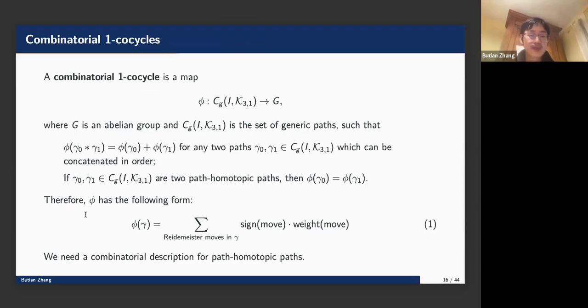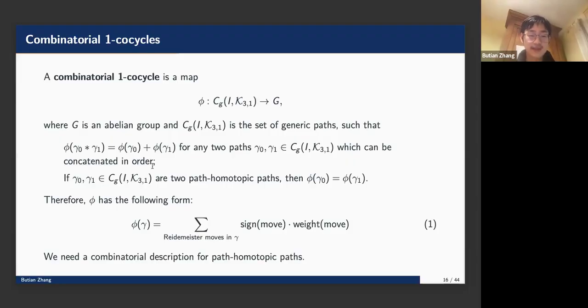A combinatorial one cocycle is a map from the generic paths in the space of long knots to some abelian group G. Generic paths you can just imagine as a sequence of Reidemeister moves. That is what we mean by generic paths. The map satisfies two conditions.